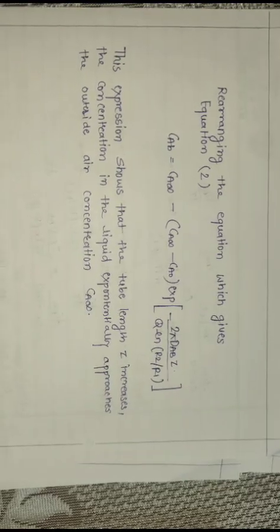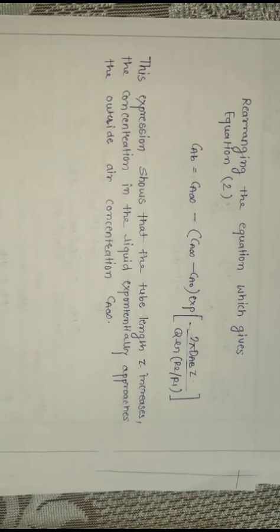This expression shows that as the tube length increases, the concentration in the liquid exponentially approaches the outside air concentration, that is Ca infinity. As the fluid flows forward, concentration gradually increases and finally approaches outside concentration, that is Ca infinity.